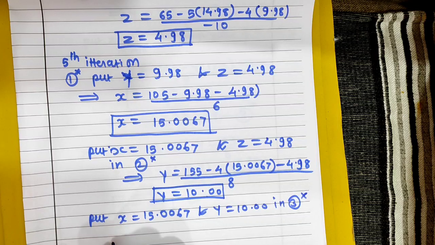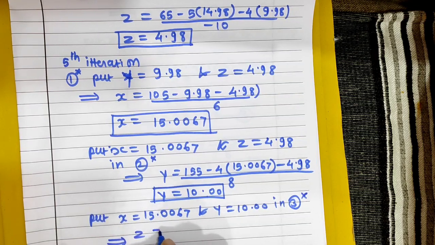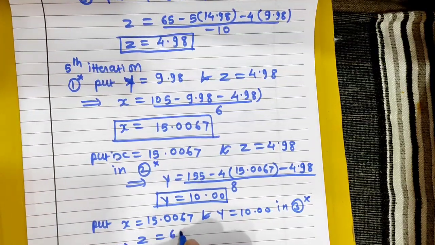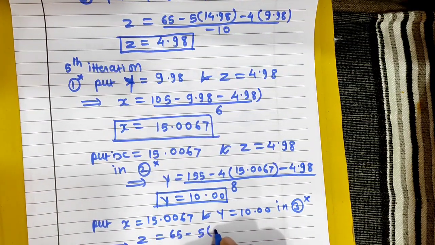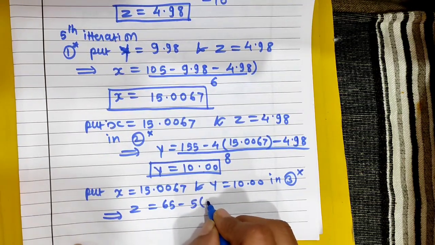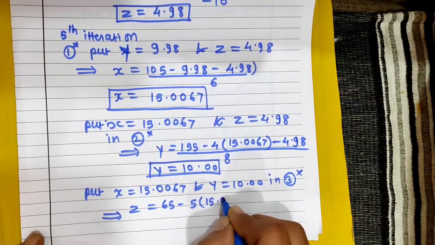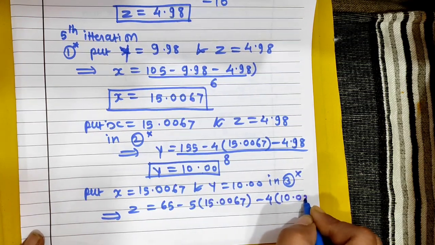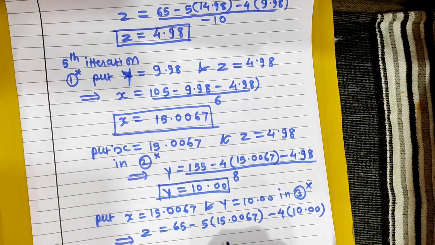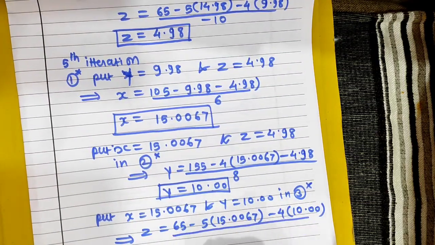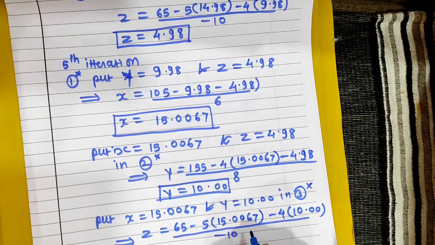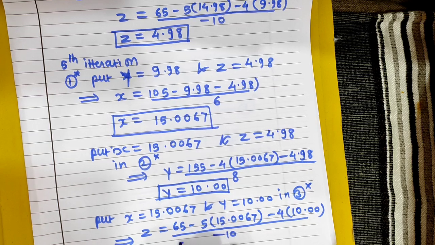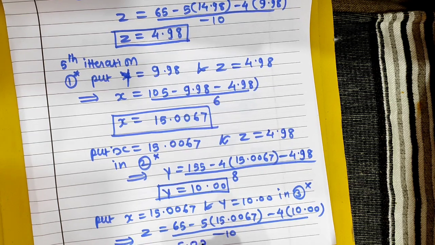This equation implies z equal to (65 minus 5 into x, x meaning 15.0067, minus 4 into 10.00, that is 4y) divided by minus 10. If we use the calci and do the calculation, we got the answer as 5.0049.